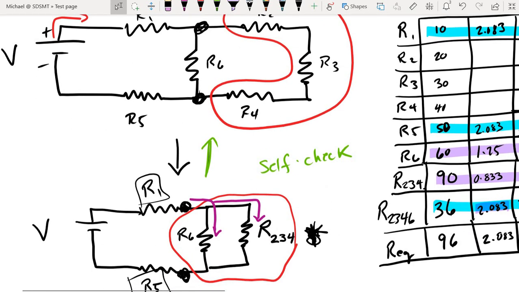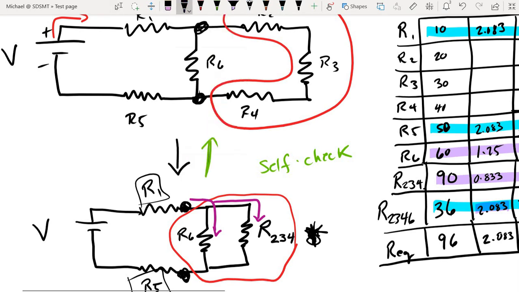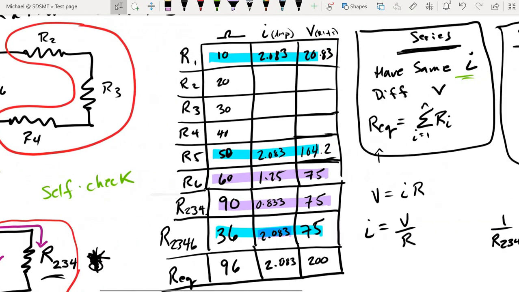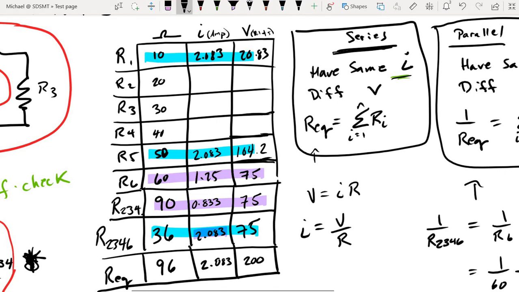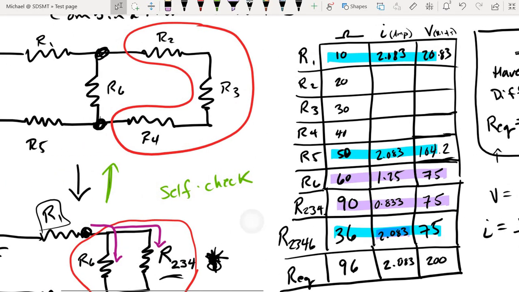And this step requires us to take resistor 2, 3, 4 and break it up into resistors 2, 3, and 4. Resistors 2, 3, and 4 are in series. Series resistors have the same current. But what current?